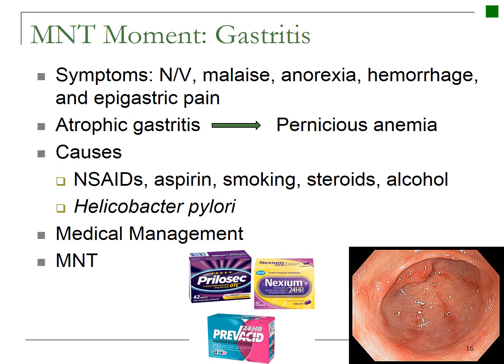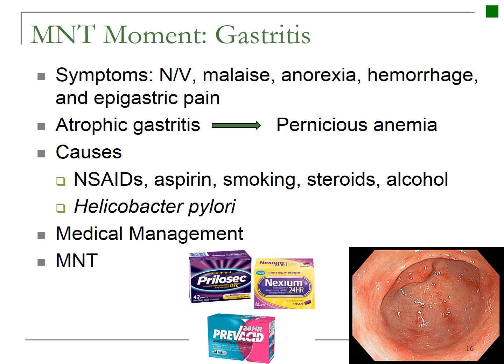Prolonged gastritis may result in atrophy or the loss of muscle tone and the loss of stomach parietal cells leading to atrophic gastritis. If you will remember, the parietal cells of the stomach secrete the hydrochloric acid and the intrinsic factor. Individuals with atrophic gastritis might develop pernicious anemia due to the malabsorption of vitamin B12.